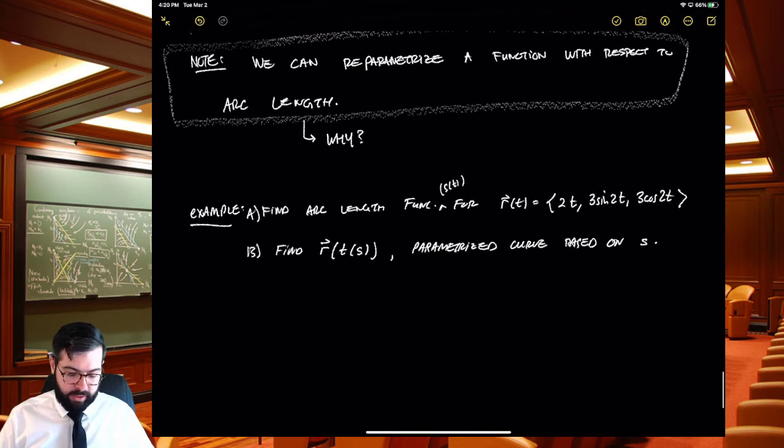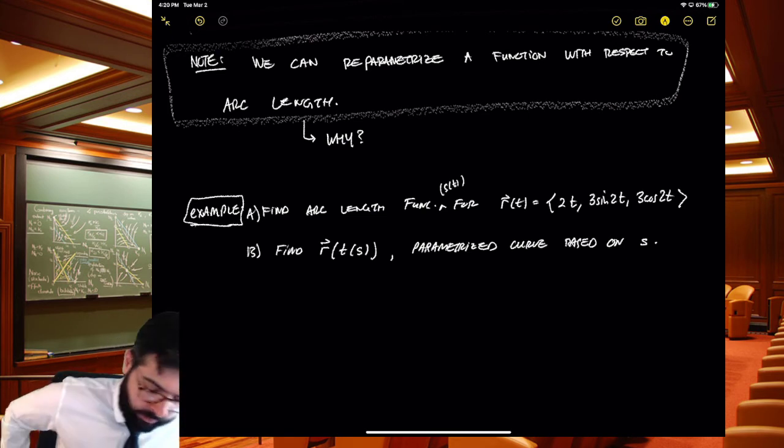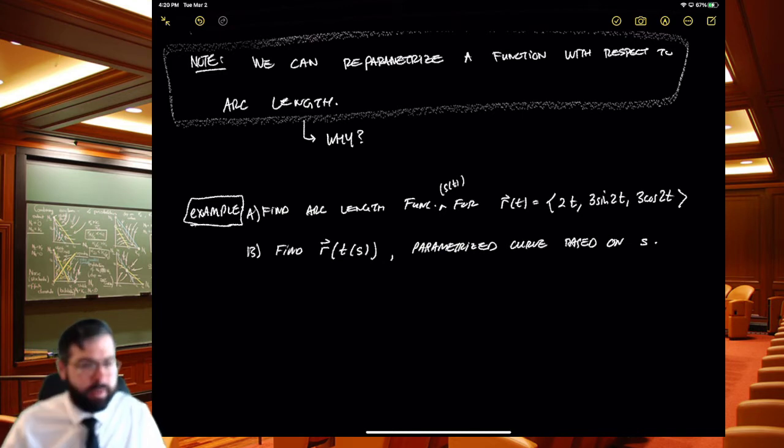So find s of t for this curve. I'll give you a couple minutes to do that.